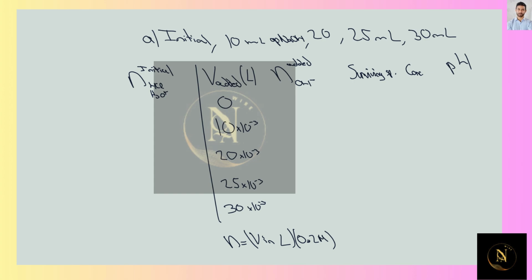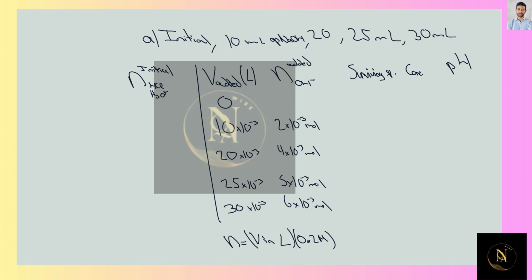So the amount of mole that we're going to get is 2 times 10 to the minus 3 mole, 4 times 10 to the minus 3 mole, 5 times 10 to the minus 3 mole, and 6 times 10 to the minus 3 mole.